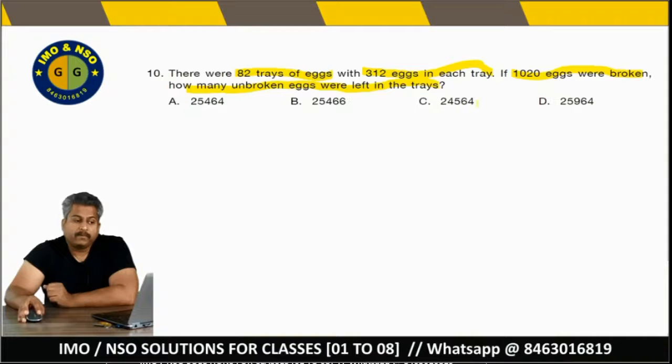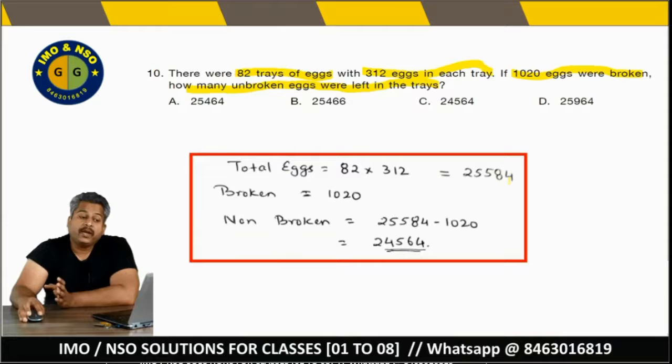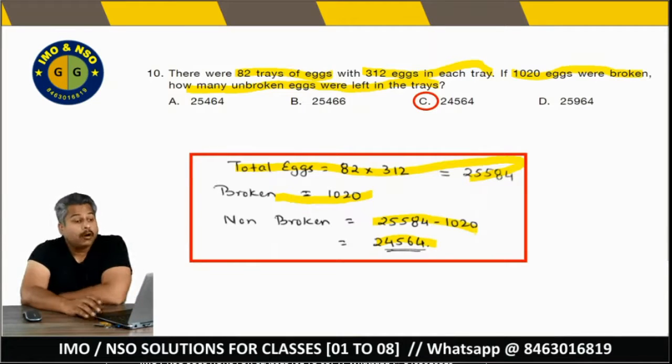So, here if we multiply 82 by 312, we will get the total number of eggs. And from the total, if we subtract the broken ones, then we will get the number of unbroken eggs, which will be 24564. So our correct answer is option C.